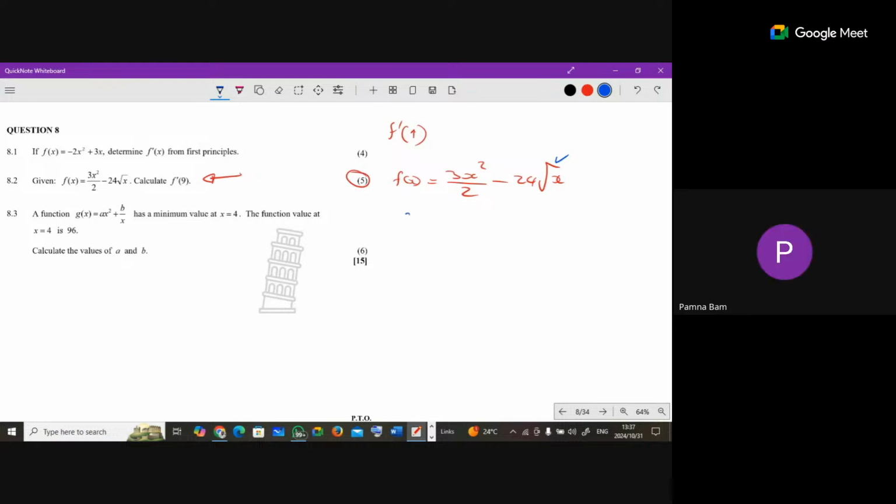Yes, sir. So we will have f of x equal to 3x, already there. This is the same as 3 over 2 x squared. Are we together? Yes, sir. Okay. Minus what? 24 is going to be 24x to the power of 1 over 2.